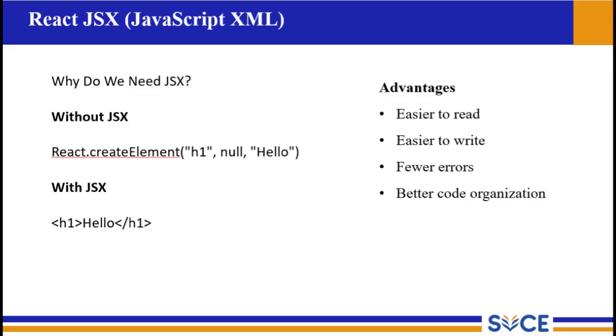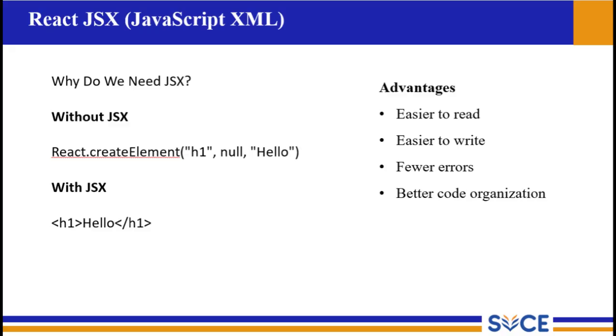Now imagine creating an entire web page using this method. A web page may contain hundreds of buttons, images, forms, and tables. Writing everything using JavaScript functions would quickly become confusing.